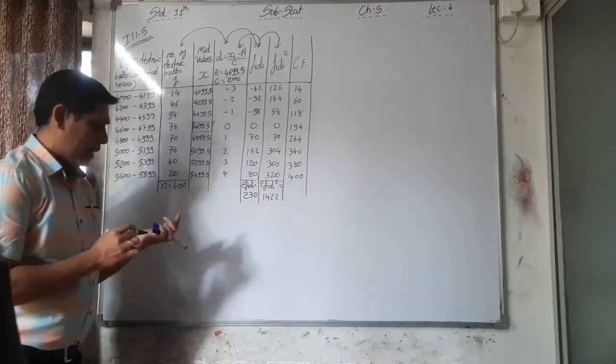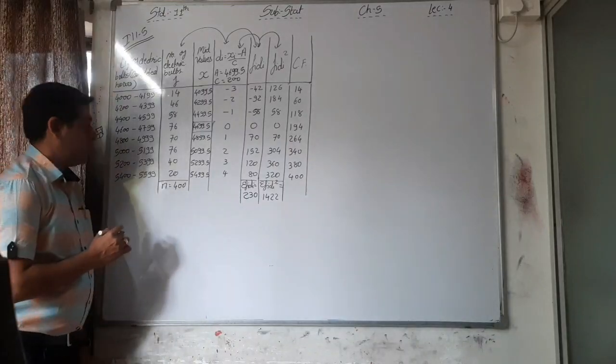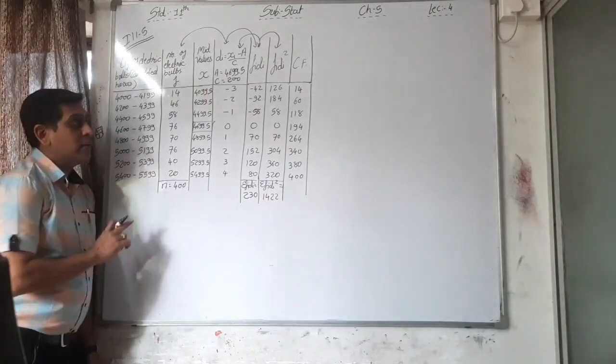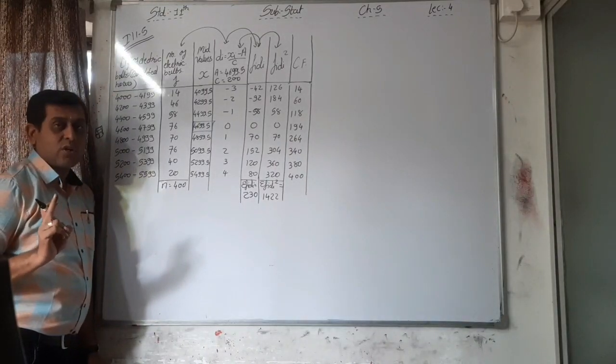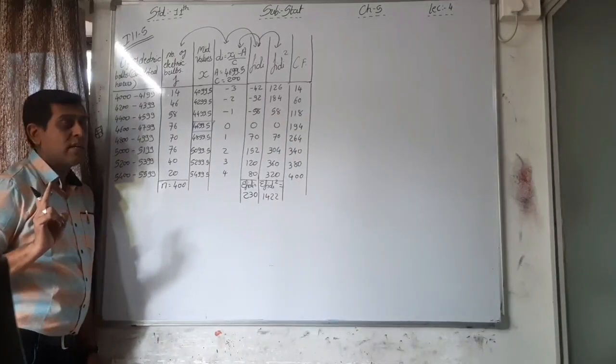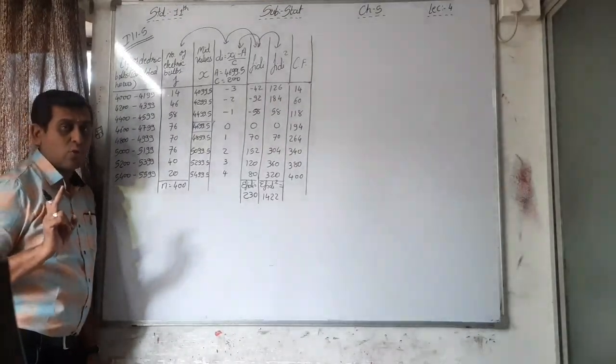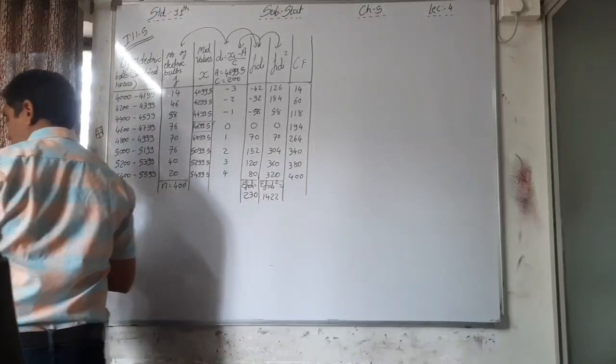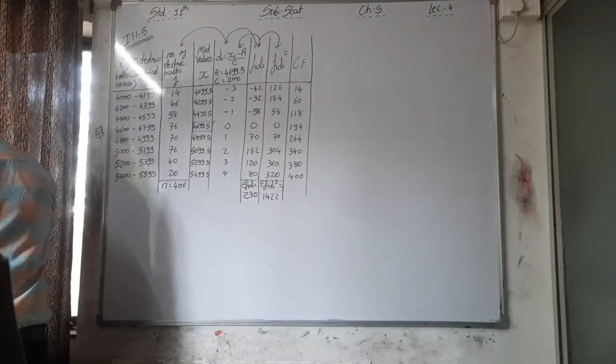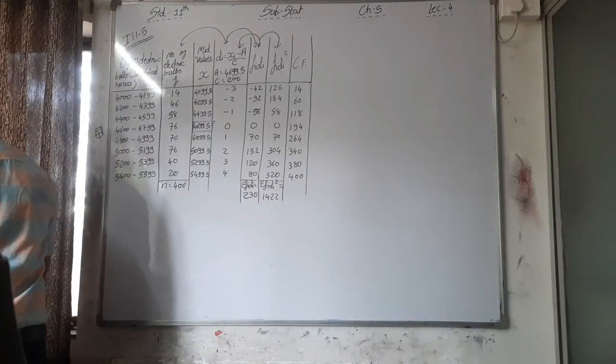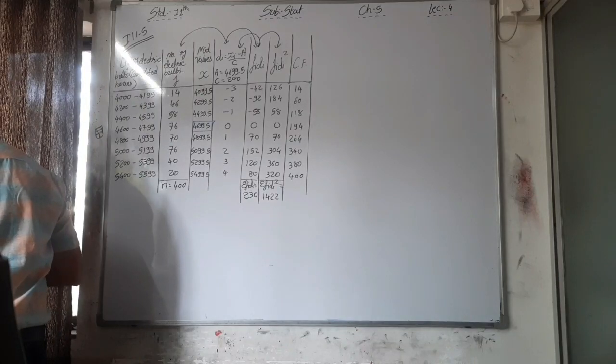All the columns are now prepared. Now find out the x bar, that is mean, then median, then standard deviation, and then SK, that is skewness, as well as coefficient of skewness. Okay, so here we have to find out the skewness and coefficient of skewness.